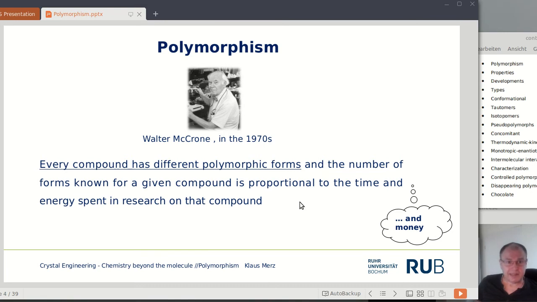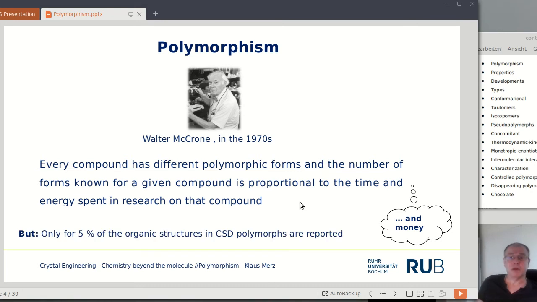On the other side, if you look in the crystal structure data, the Cambridge Structural Database, you will see that only around 5% of organic structures show polymorphic behavior. Yeah, not more, 5%.